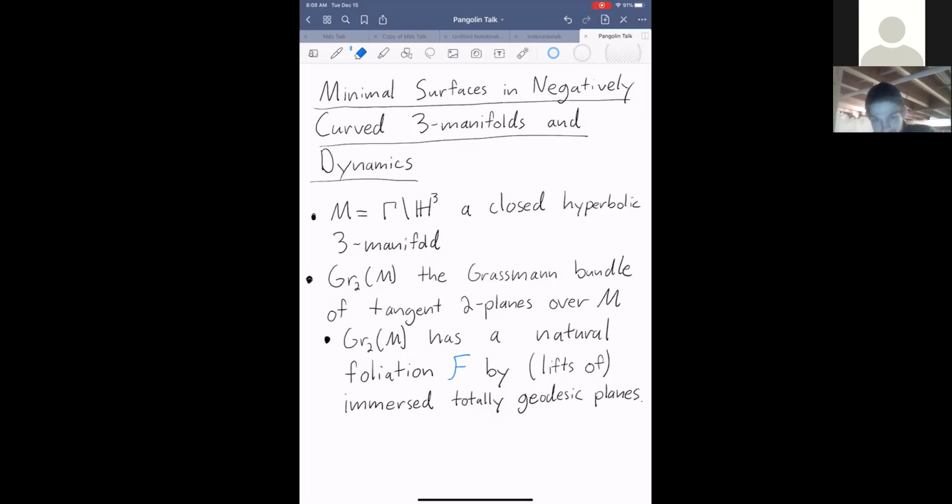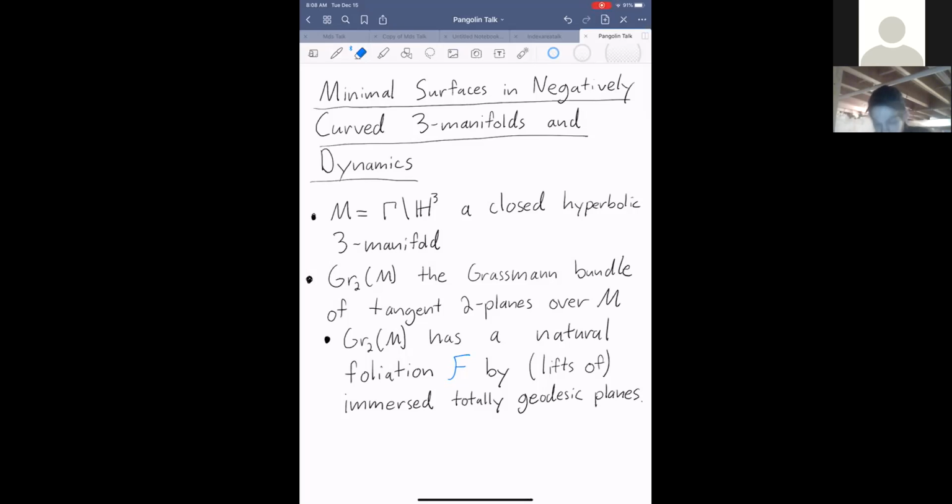So Gr2 of R3, the Grassmannian of two-dimensional planes in three space, is the fiber over each point for this bundle. At each point you have all of the tangent two planes in the tangent space at that point that go through the origin. And that's a bundle.